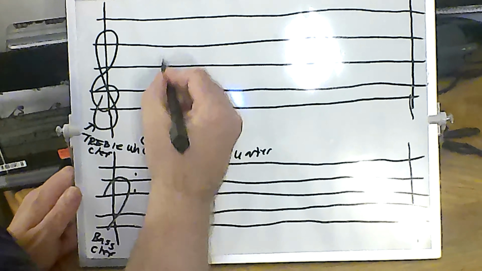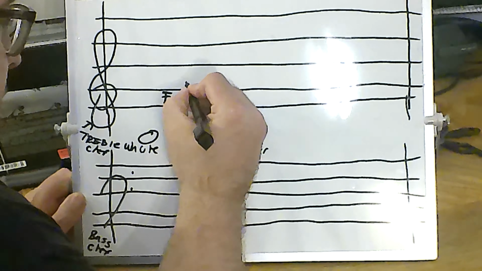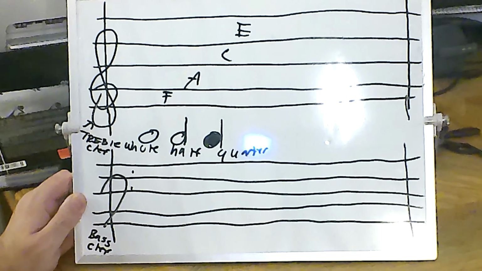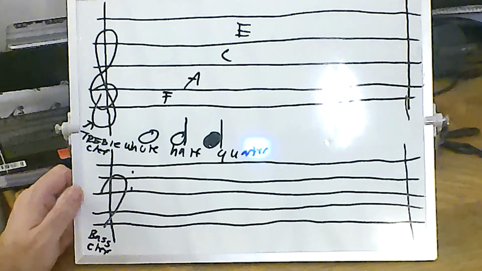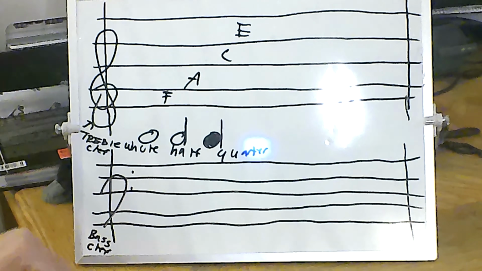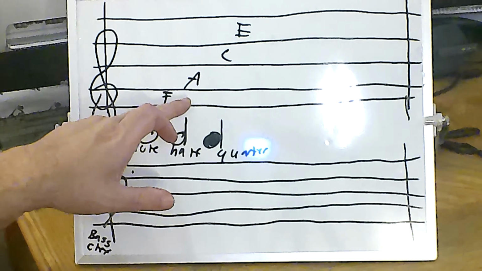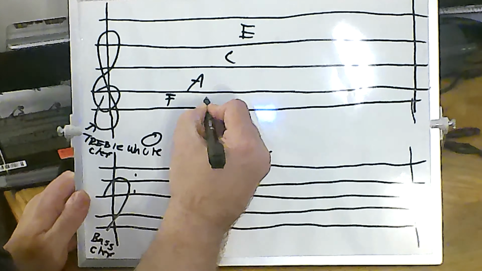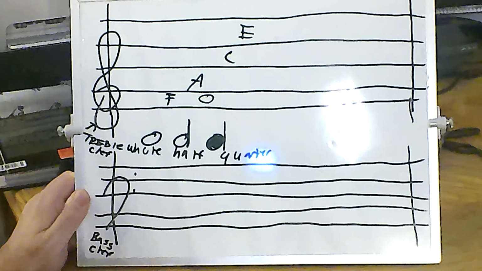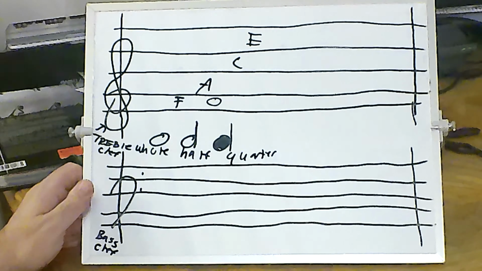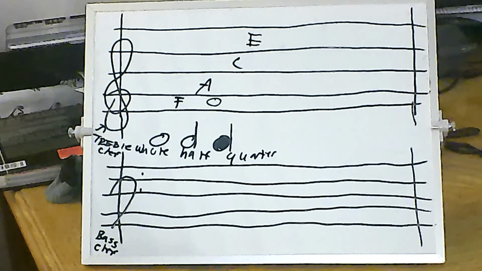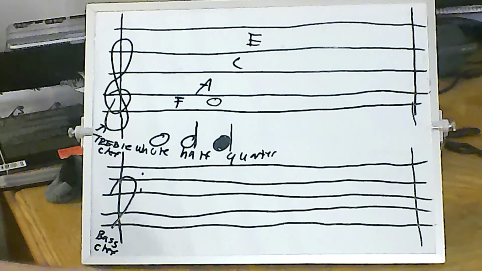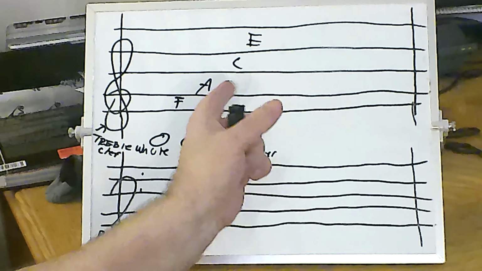With the treble clef, the notes spell FACE. If I were to draw a whole note in between these lines, it would be an F note.